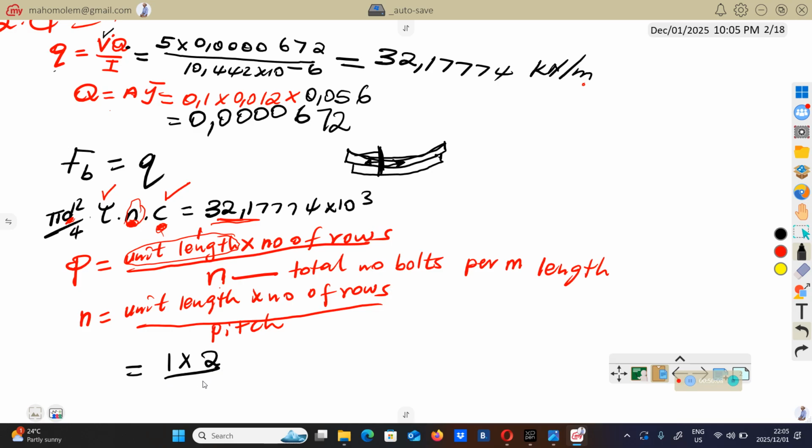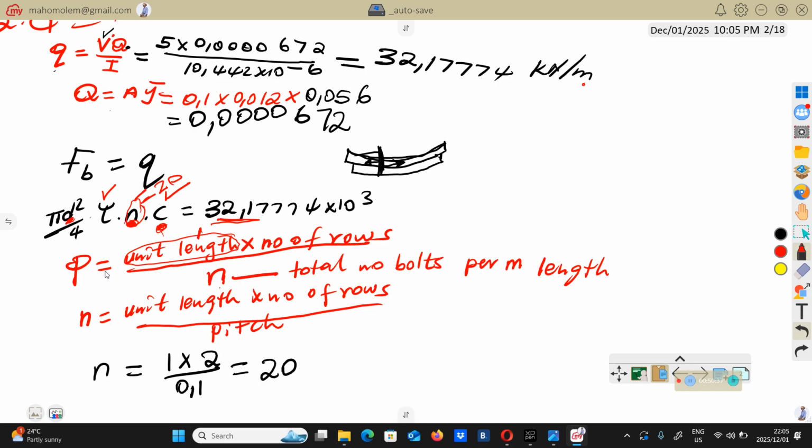Pitch is given as 100, divided by, we change 100 to meter, we divide by 1000, then we'll get 0.1. And then the number of bolts per meter length is going to be 20. Then the last part, we just have to come here and replace this n by 20.